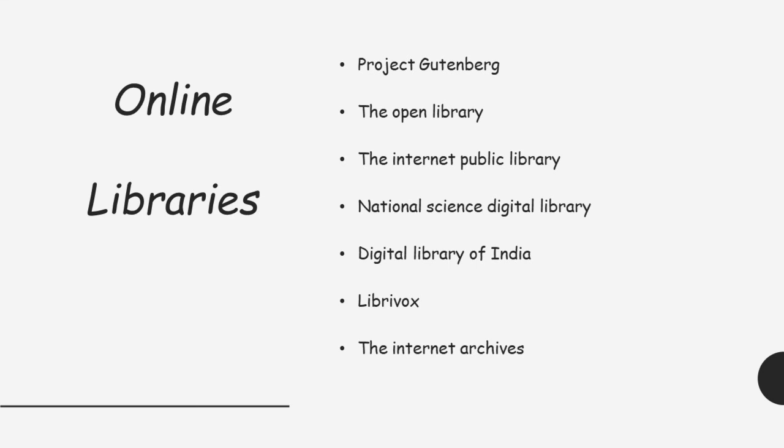I have posted the links to some of these and a few other online libraries in our Google Classroom. Do visit these online libraries and use them for your studies. I shall also provide you with links to websites that have exhaustive lists of online libraries.